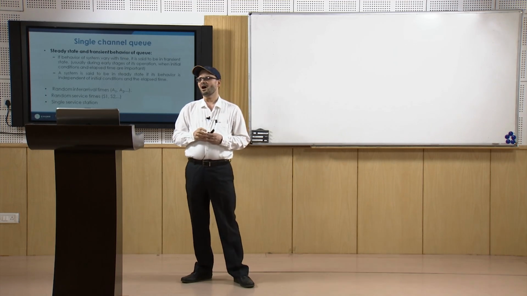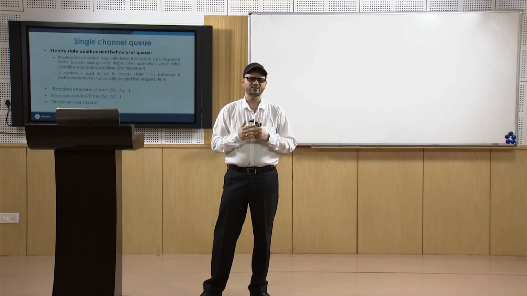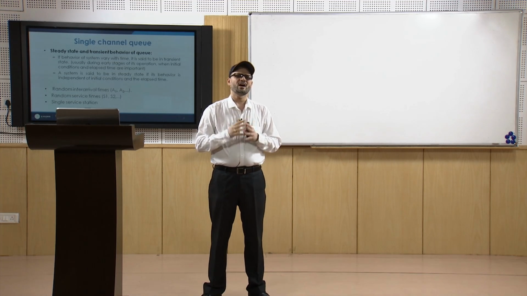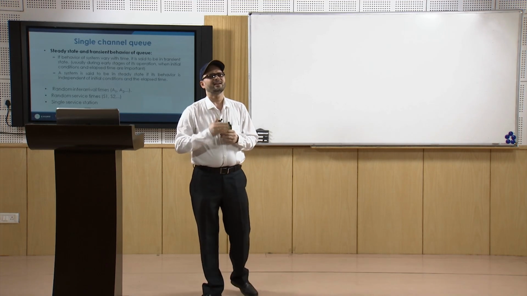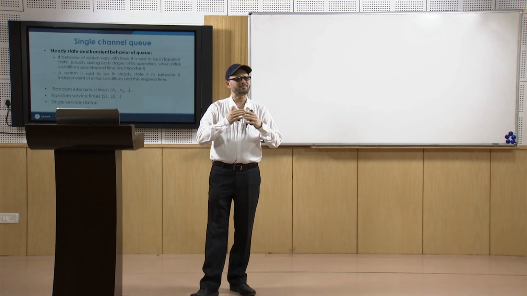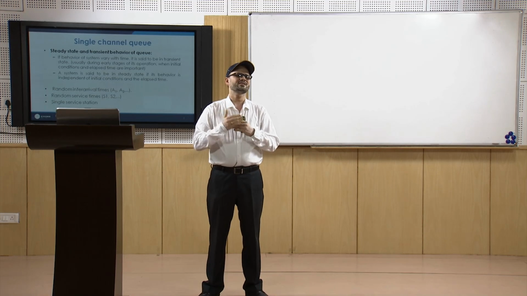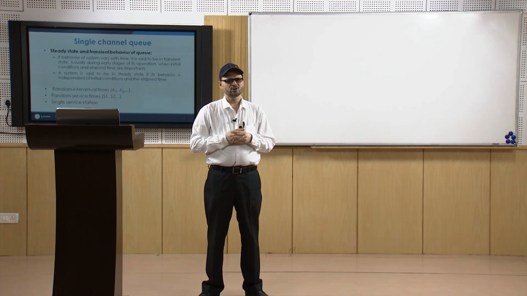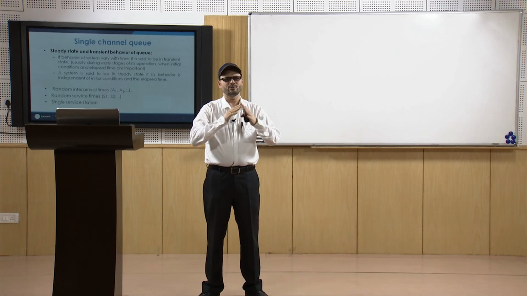Now, how do we find these queuing parameters? Mainly we are interested in the steady state value, the probability of having n customers in the system. At any time t it is p n t, and for the steady state value it is p n, having n customers at steady state.